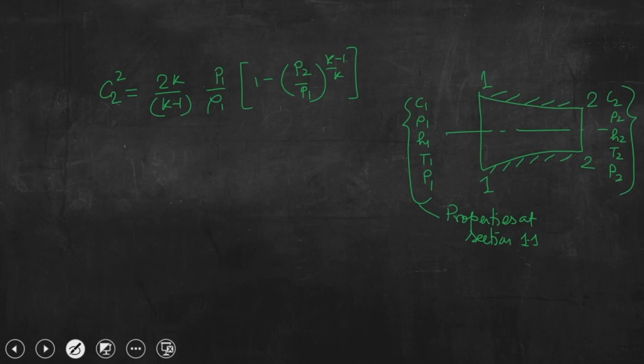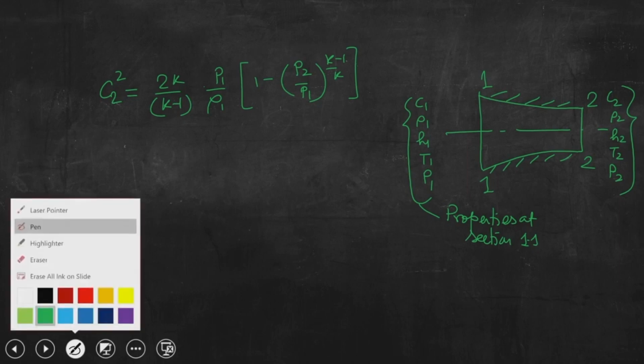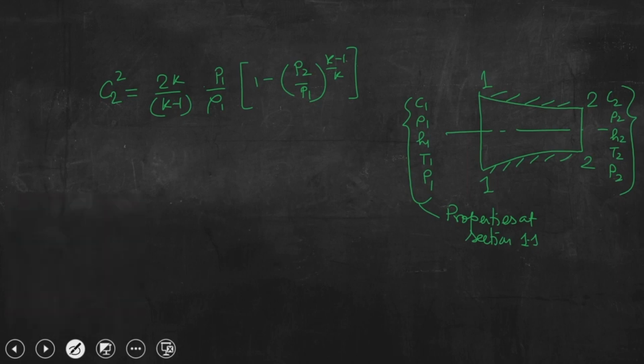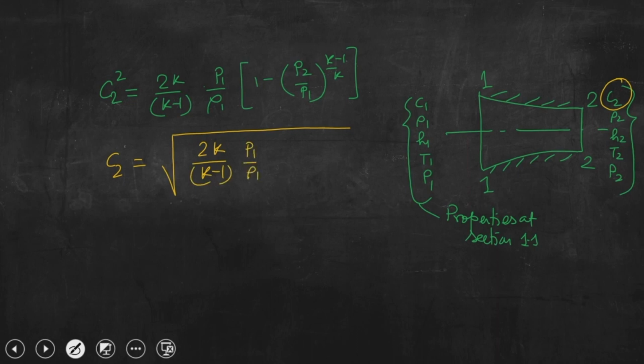What we can see is that we are interested in the velocity of steam at section 2, that is C2, and that we can write as C2 equal to under root 2k by k minus 1 P1 by rho 1 into 1 minus P2 by P1 power k minus 1 upon k.